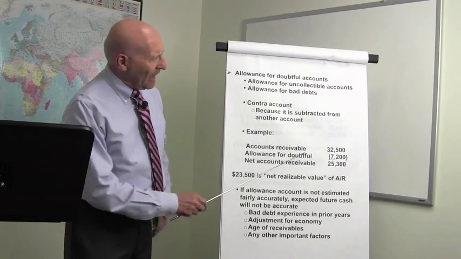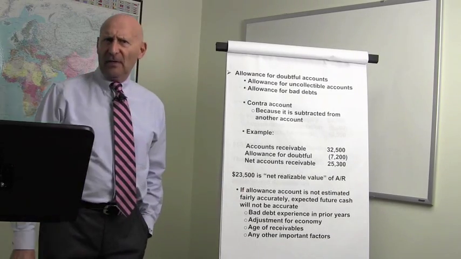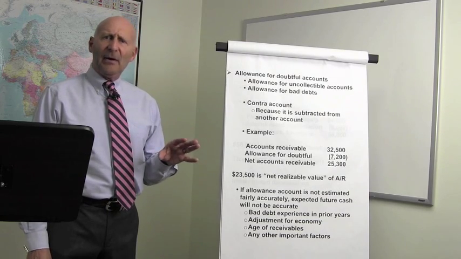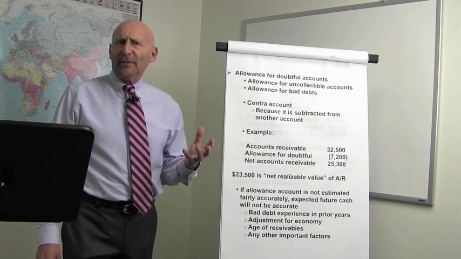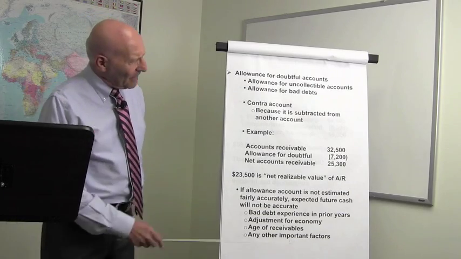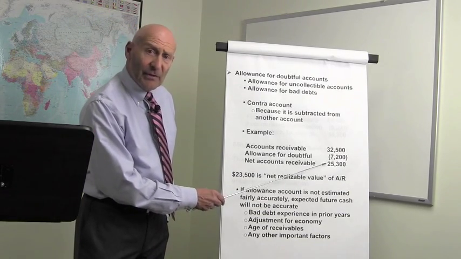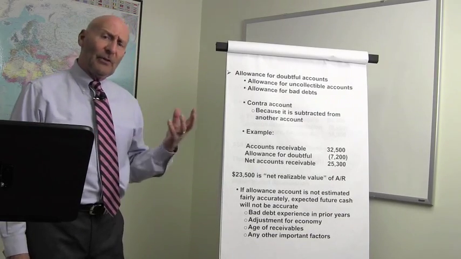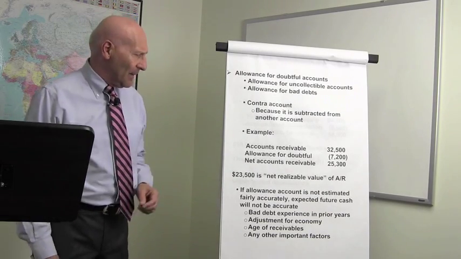If we only had $32,500 on there for accounts receivable and we did not have any allowance account, that's actually misleading, because if I'm the owner of a business and I think that we're only going to receive $25,300, it's misleading to put $32,500 on the balance sheet.